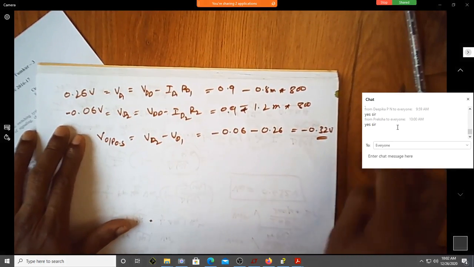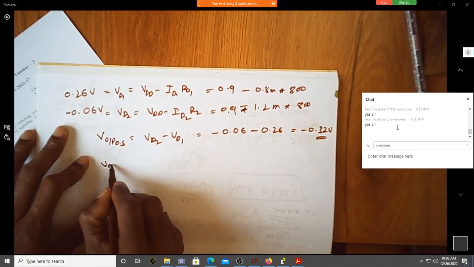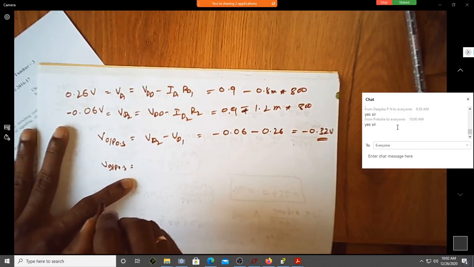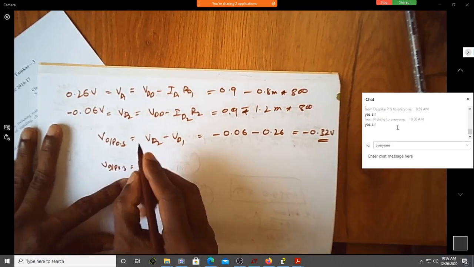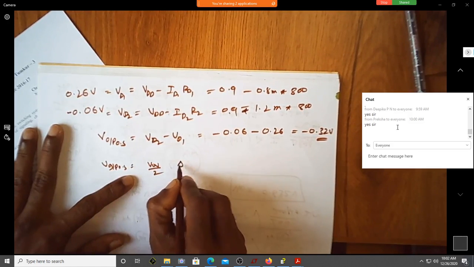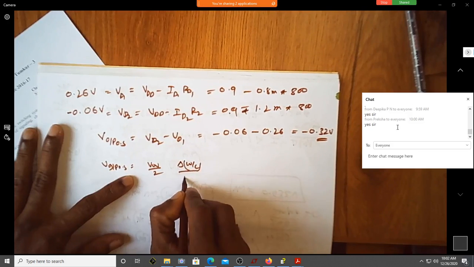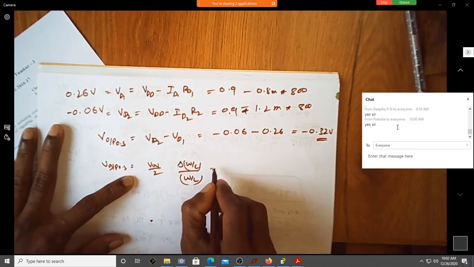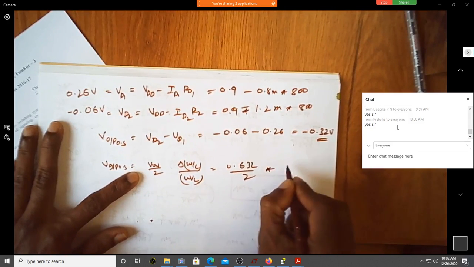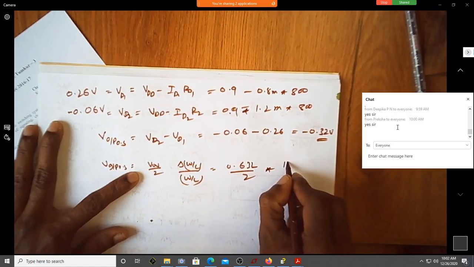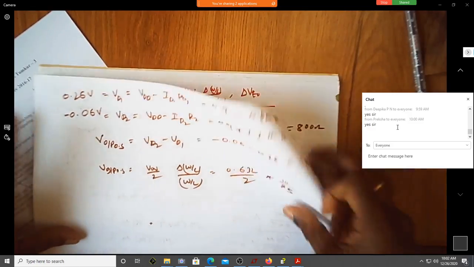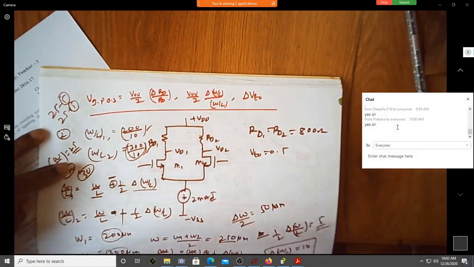To overcome this, I need to apply the input offset voltage, which is due to the change in W by L, given by VOV by 2 times delta W by L by W by L. How much is this now? 0.632 by 2 multiplied by, how much is this delta W by L? It is 10 by 25. Okay? Is it 10 by 25? Yes.